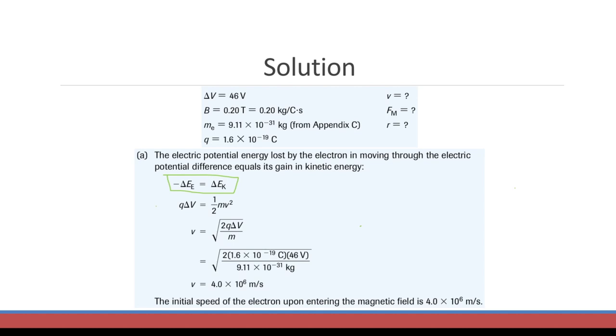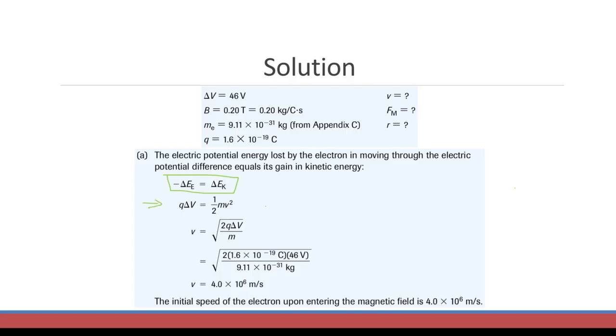And so when we have this equation, we know from a few lessons ago that electric potential energy is equal to Q times the potential difference, delta V. And so we sub that in.